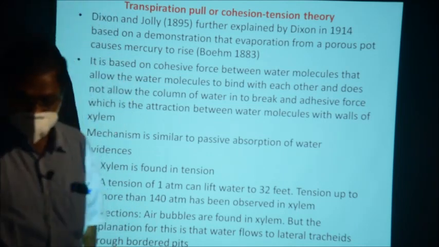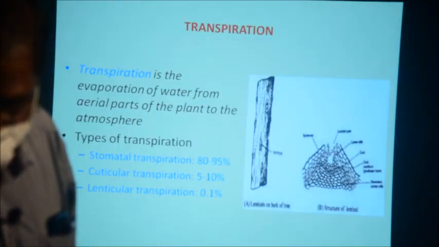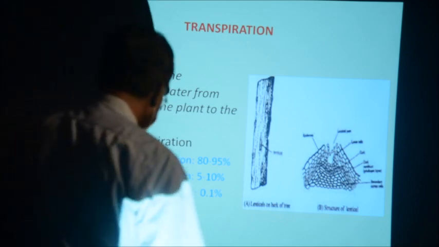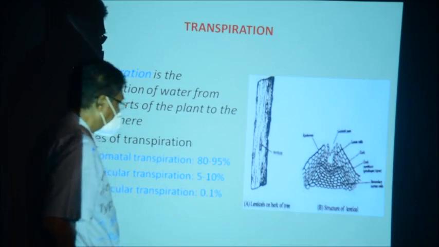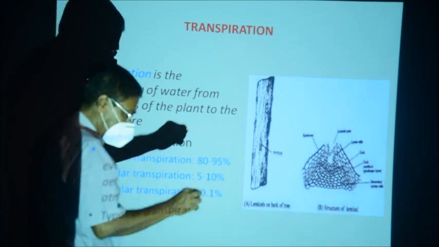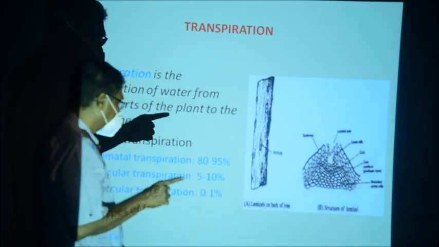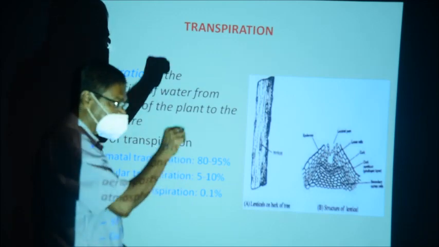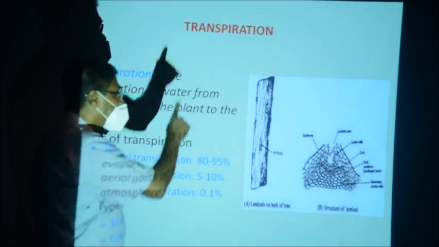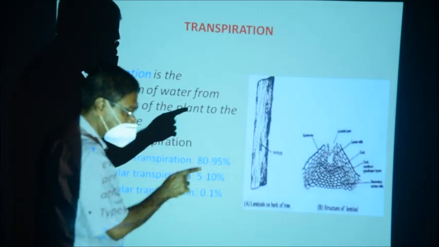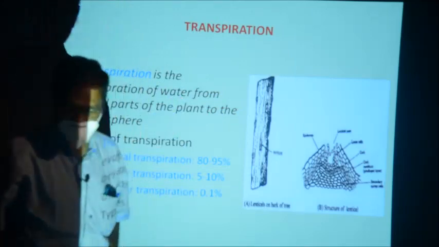But the objection to this was that there are air bubbles in xylem, but this is countered by the fact that xylem tracheids have lateral holes, pores, which are known as pits. Now, if an air bubble comes, the water can move from one xylem into the side xylem through the pore and move up. So, air bubbles cannot break the column.